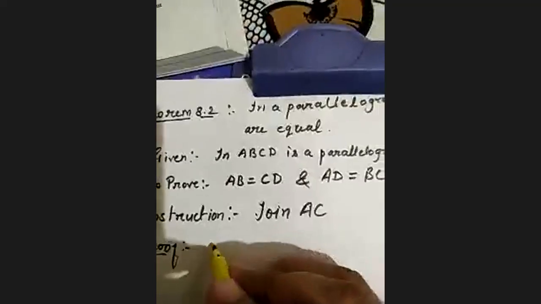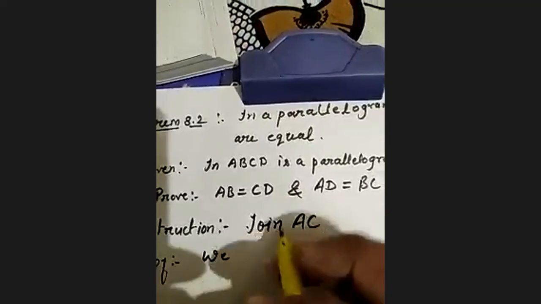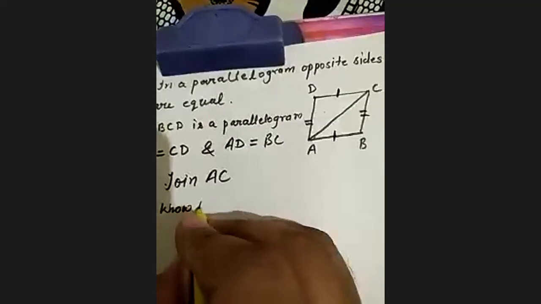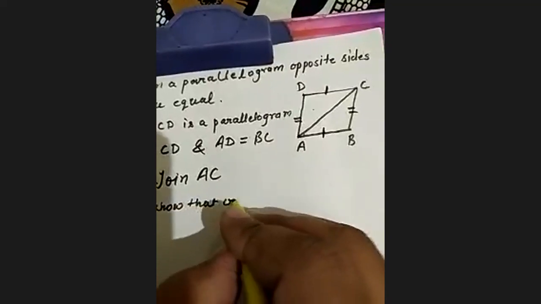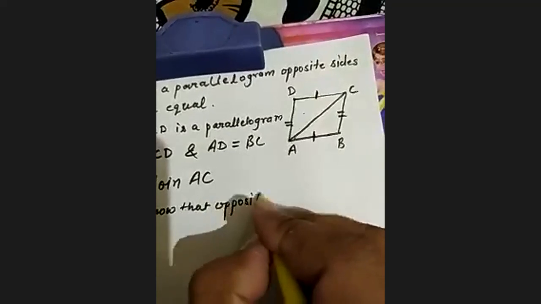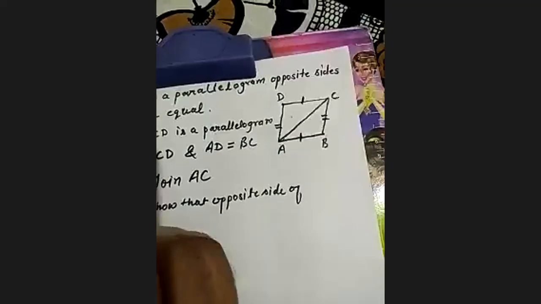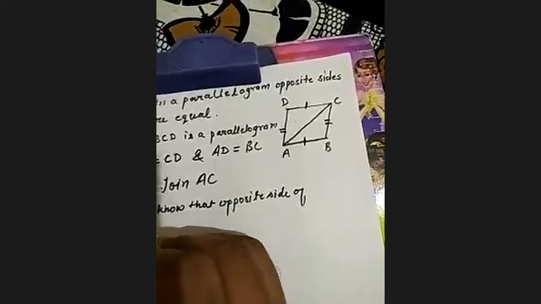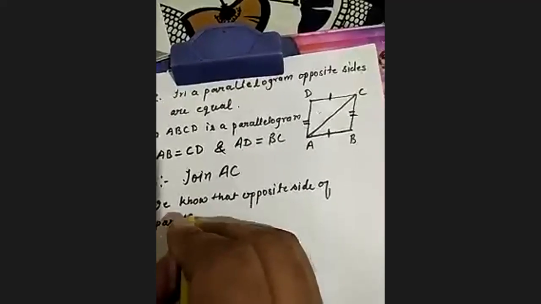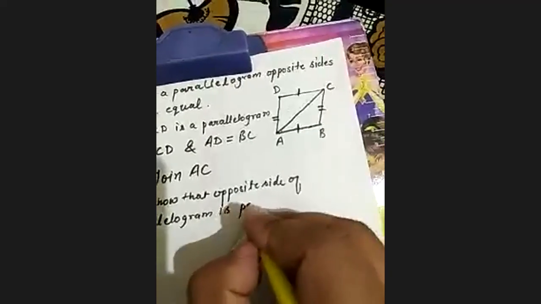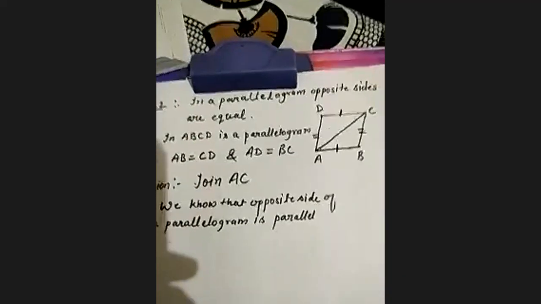First, we know that opposite sides of a parallelogram are parallel, that means they never intersect at any position.